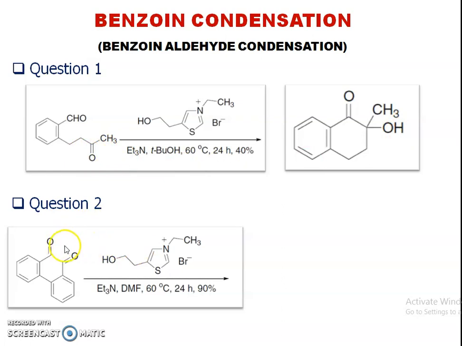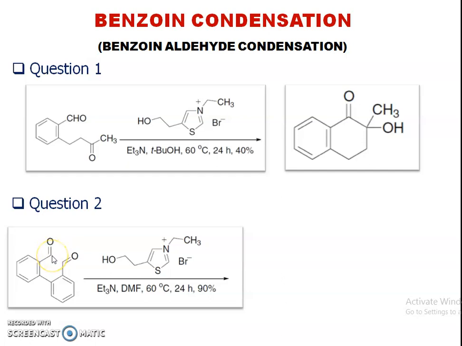In question 2, you can see two aldehydes within the same molecule. In the presence of this thiazolium salt, it can also undergo a cyclization reaction. First, one of the carbonyls becomes nucleophilic on reacting with the thiazolium salt.